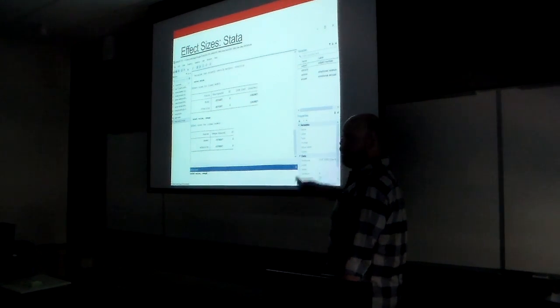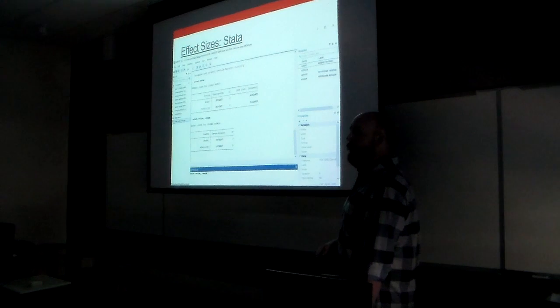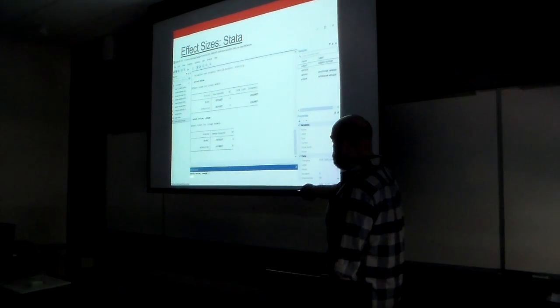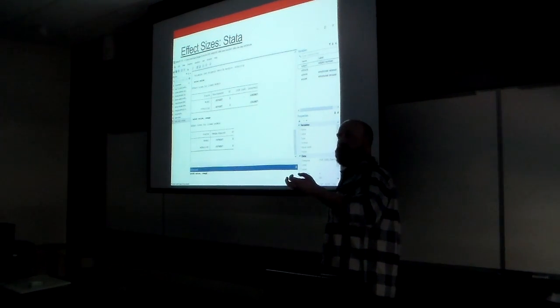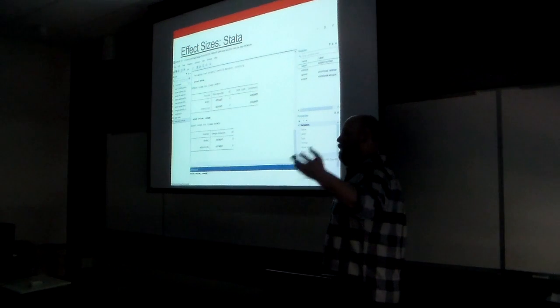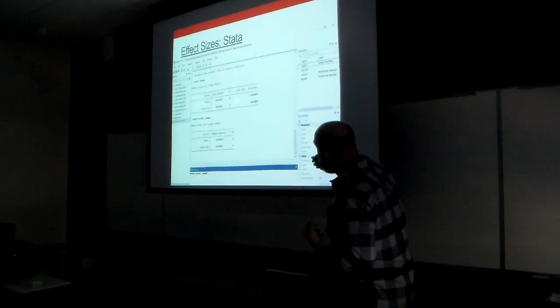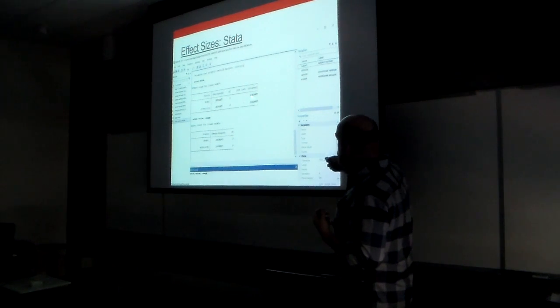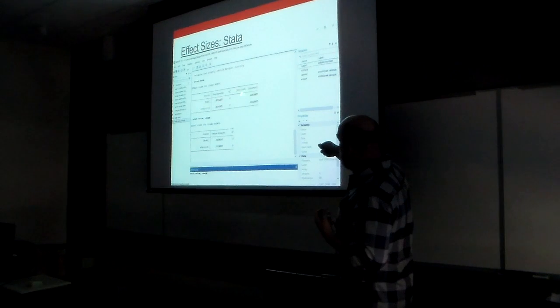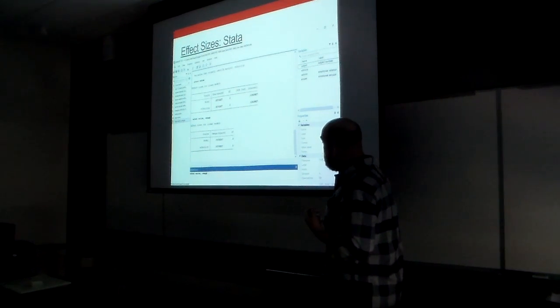And then the other nice thing with this program is we can just request our effect sizes. Once we've run our ANOVA model, Stata has what are called post-estimation commands, and so estat esize is just going to calculate effect sizes based on the last model you ran. In this case, it's our arousal model, and so we get eta squared here, omega squared here, and then confidence intervals around eta squared.